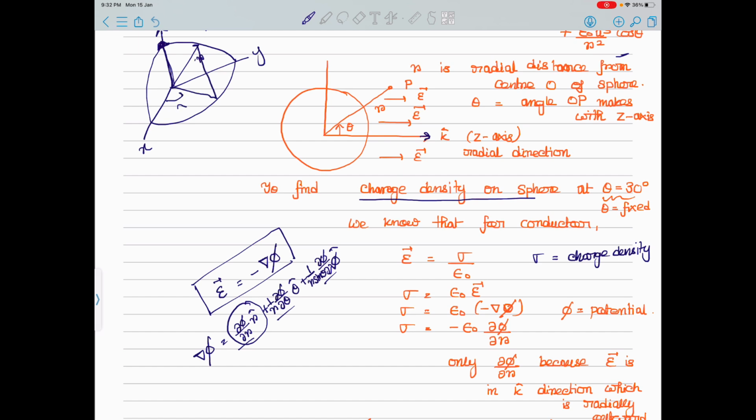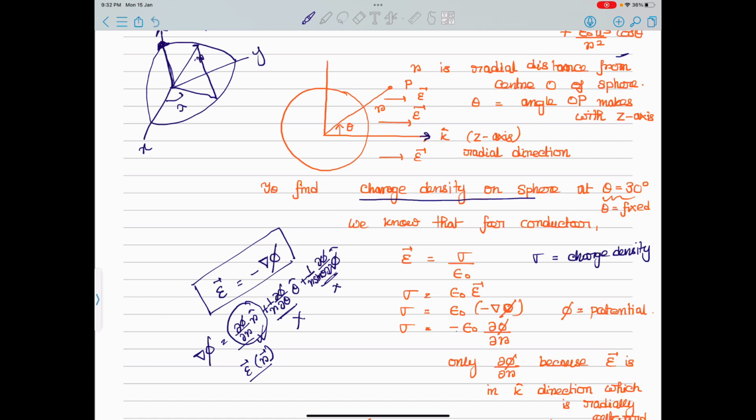But as we know, the electric field is varying only in the R direction, because grad phi is representing the electric field, which is only varying in the R direction. So we need only delta phi by delta R. We don't use delta phi by delta theta or delta phi by delta lambda.